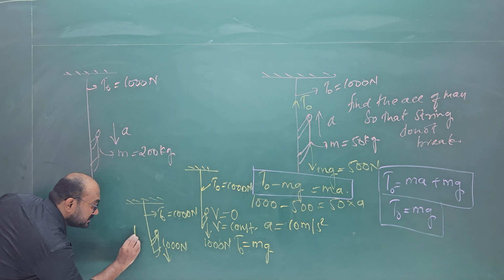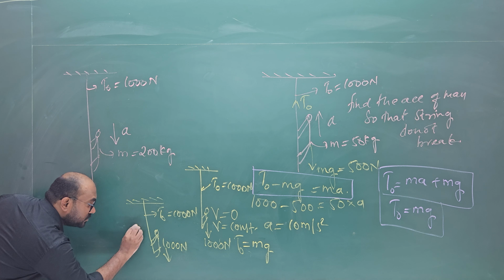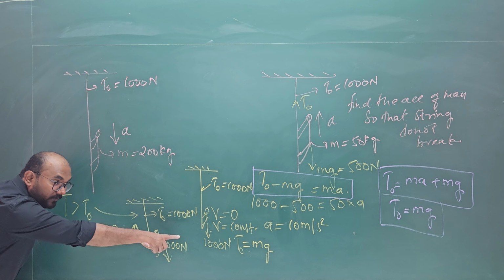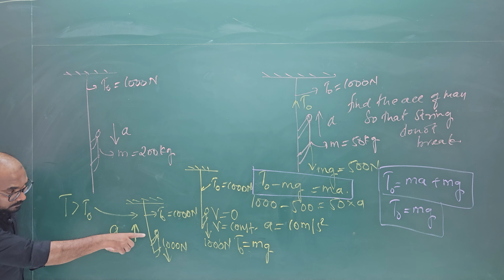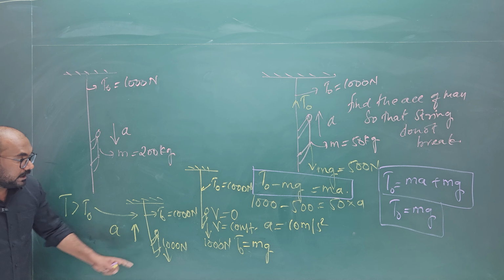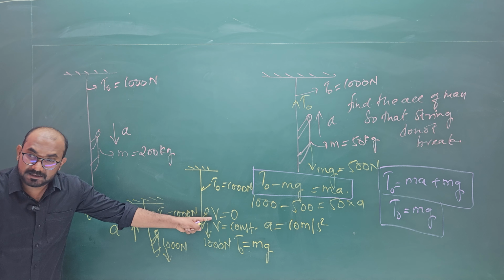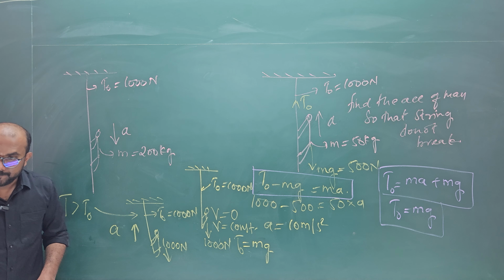If he starts to accelerate in the upward direction, then tension will increase. T is greater here than T naught in this equation. But when the same person of 100 kg mass is moving with constant velocity or is at rest, the string never breaks.